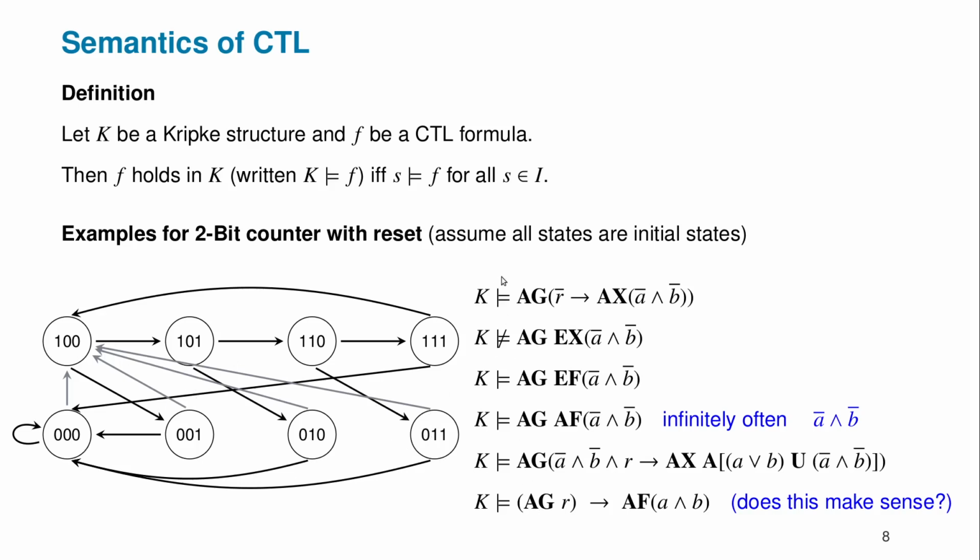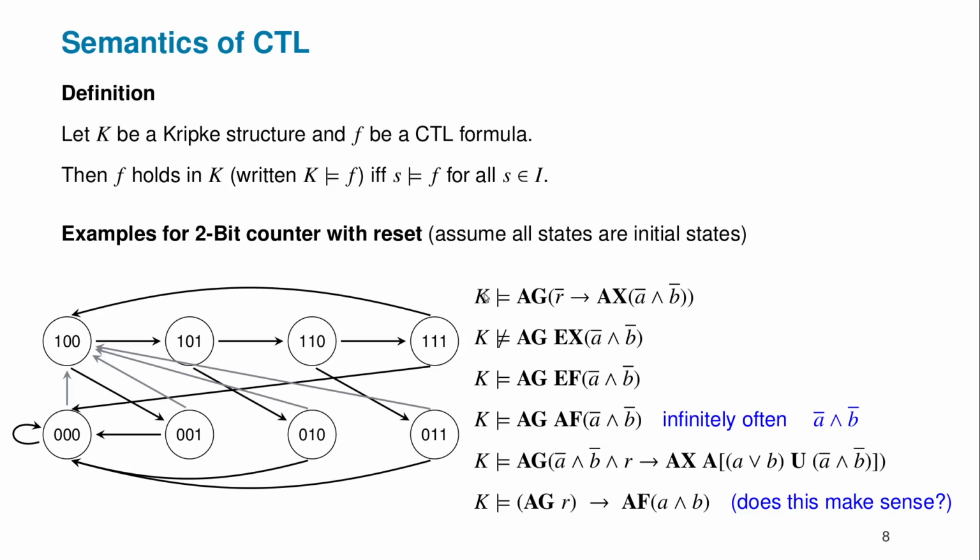And here we have some properties with respect to this Kripke structure specified in CTL, which I will now explain. We also agreed that this counter does not have an initial state, so in principle we would have to check these properties for all states, which we now will do.